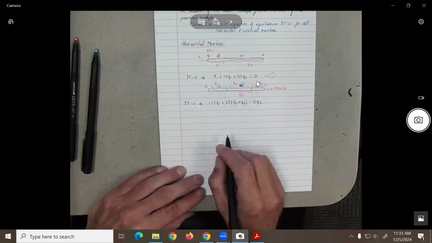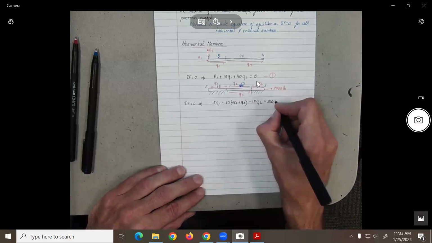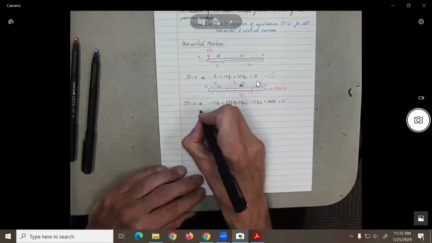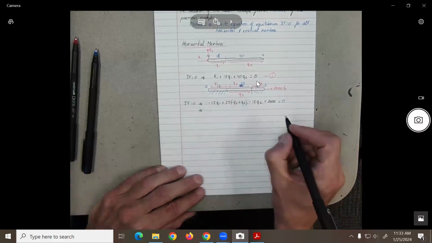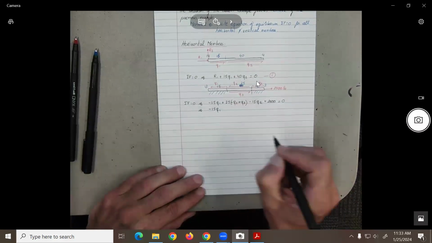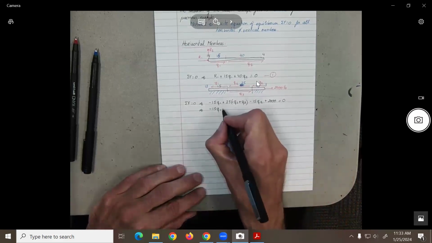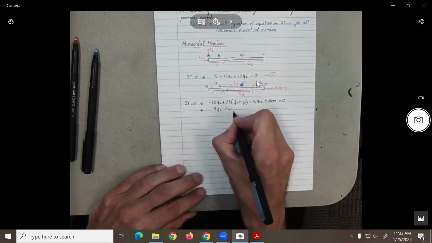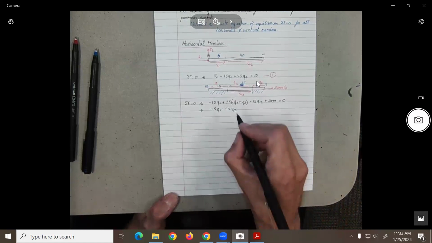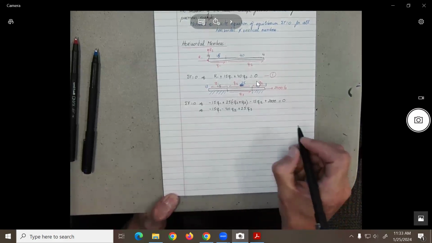Minus 15Q2 plus 2000 equal to 0. So let's see, this will give us, let's say, minus 15Q1 minus 40Q2 plus 25Q3.